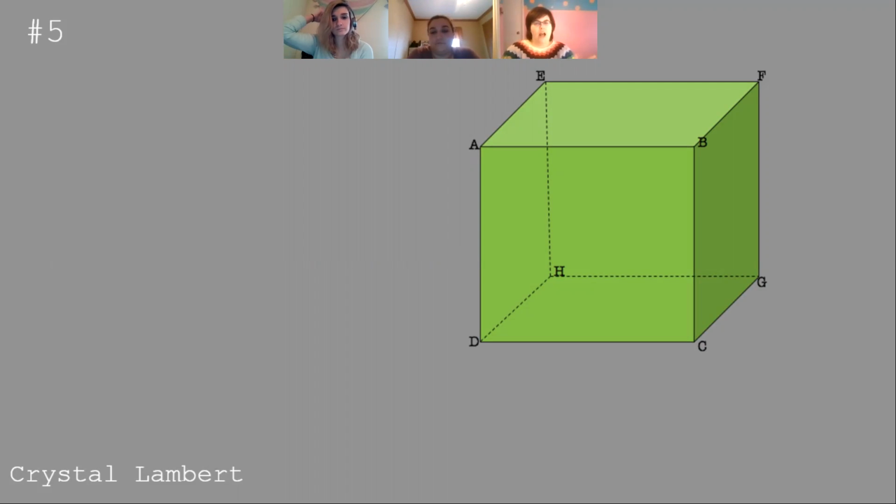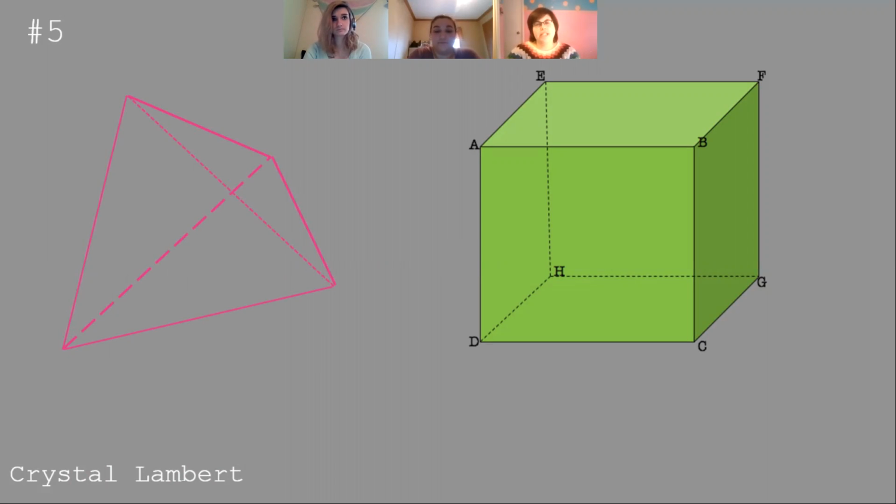The easiest thing for you to recognize as a cube are blocks, a child's building block, our ABC blocks, those are cubes. So we're going to take our tetrahedron, and our tetrahedron has 4 faces, remember? And then we're going to put this inside our box.